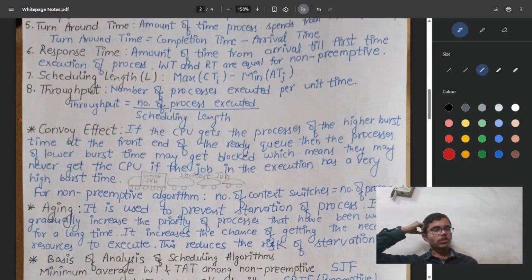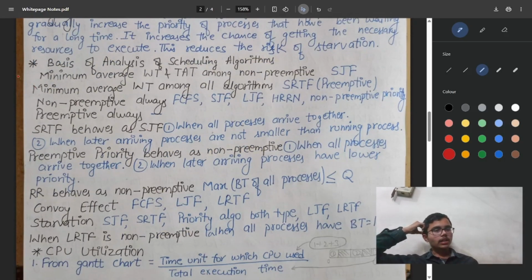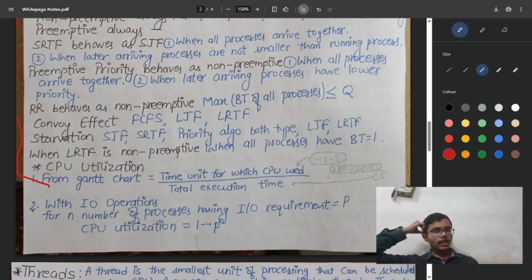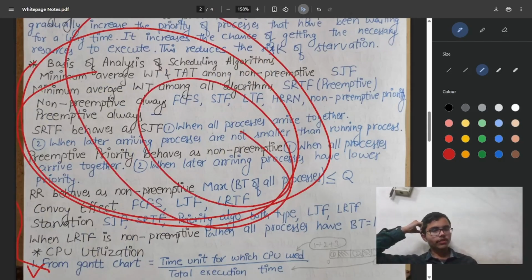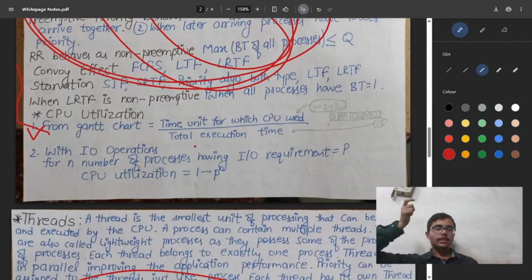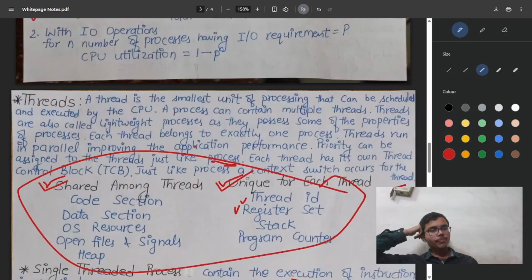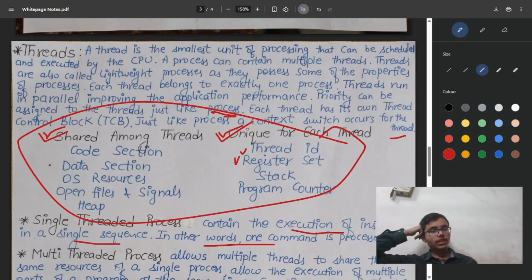Then you have to know the throughput formula, and this is an important part, and CPU utilization. You have to remember the CPU utilization formula and CPU idle time, how to calculate this formula, and what things are shared among threads and what things are not shared among threads.